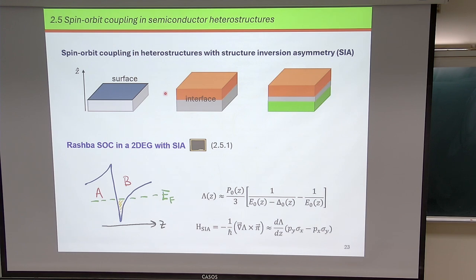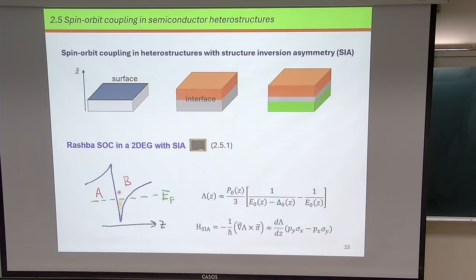So this is just the side view of the system. In the Z direction you have confinement, while in XY electrons are free to move. So it's a two-dimensional electron gas. It's two-dimensional because the electrons are confined inside this well, forming this quantum well, and are allowed to move only in this plane.